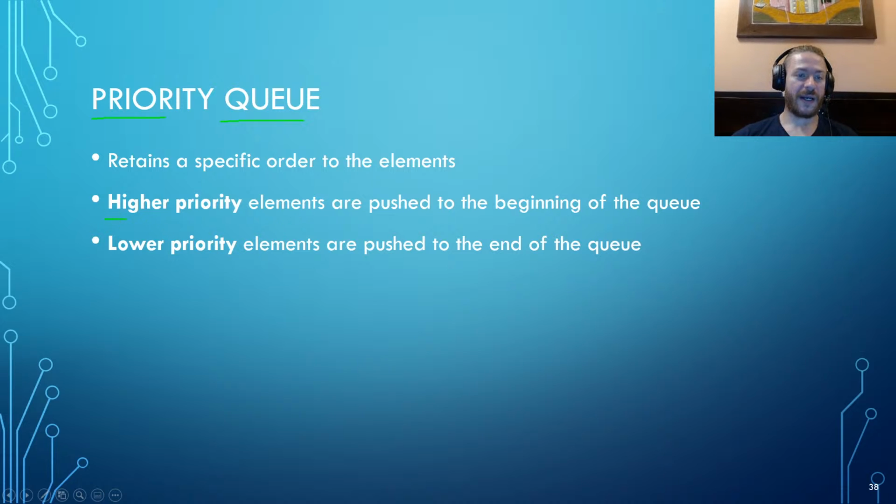For example, higher priority will mean bigger values go first. So I push 1, then 10, then 3, then 5, then 15, then for example 12. And then I decide to extract a value.